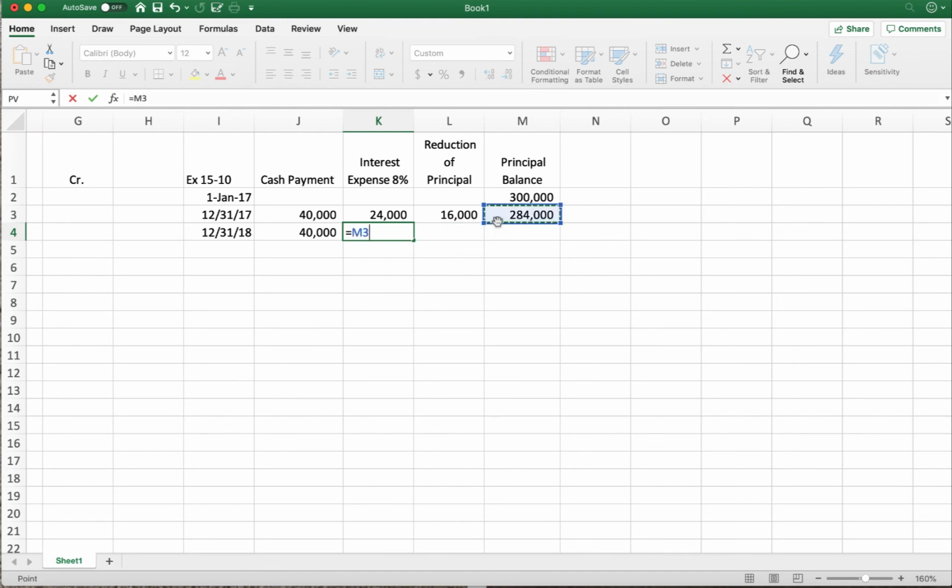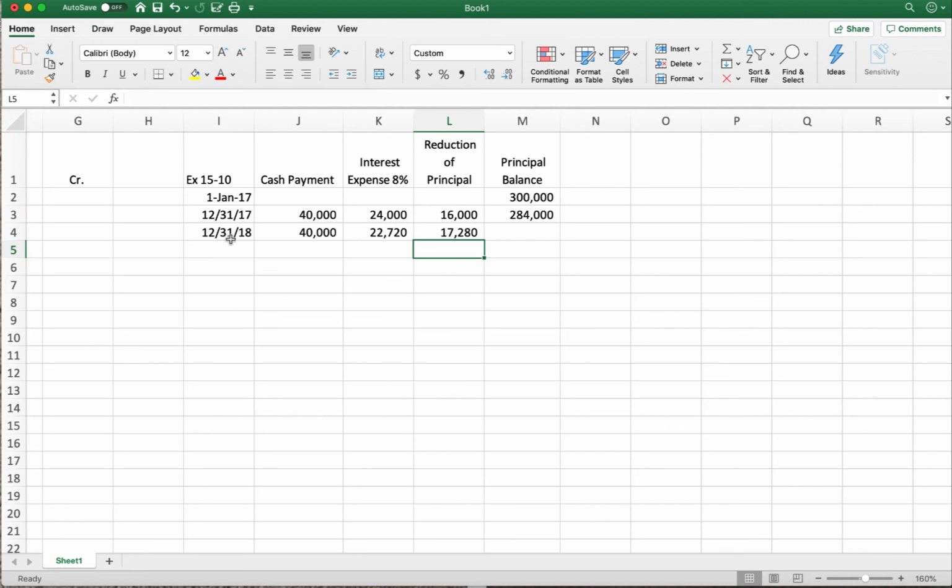It's $284,000 times my 8%, which gives me $22,720. What's the reduction in principal? I take my cash payment for this second installment minus the interest portion, and I get $17,280.